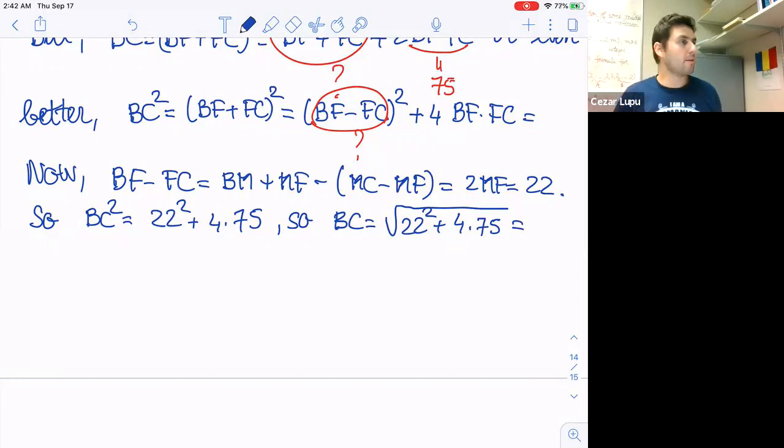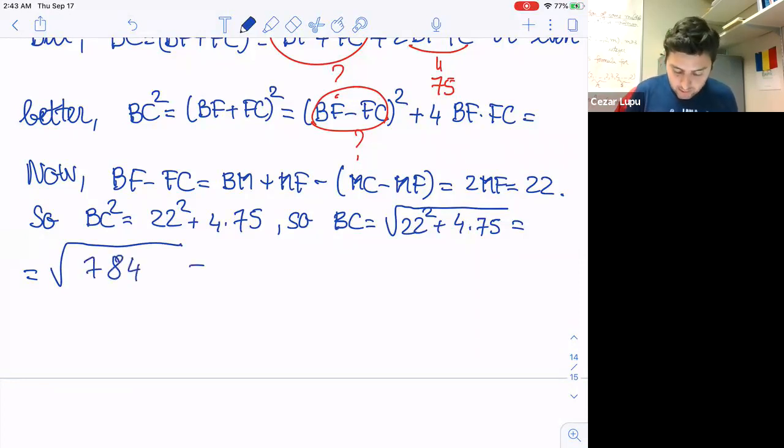In fact, I can do it with a calculator. So this would be the square root of 22 squared plus 4 times 75. This will be the square root of 784. This is a perfect square. Wow, that's nice. 28. Okay, I'm done with this.